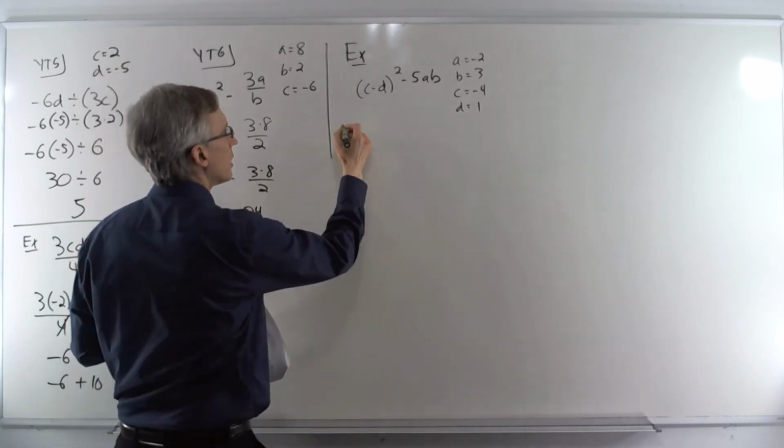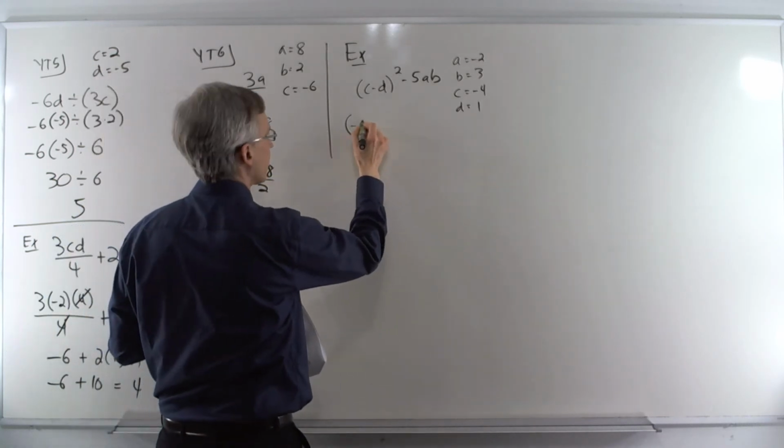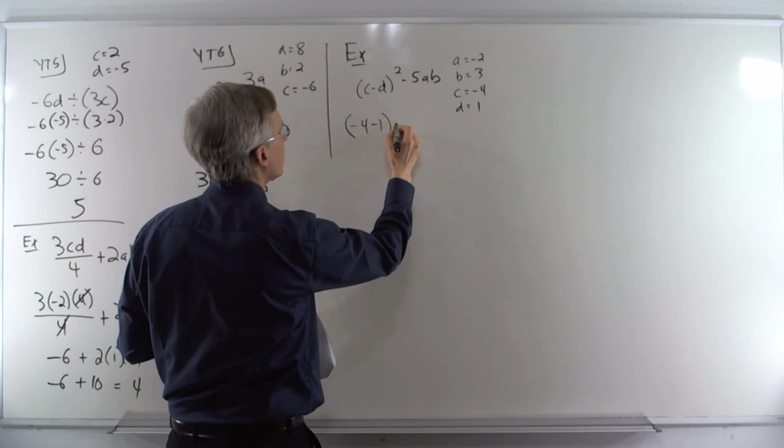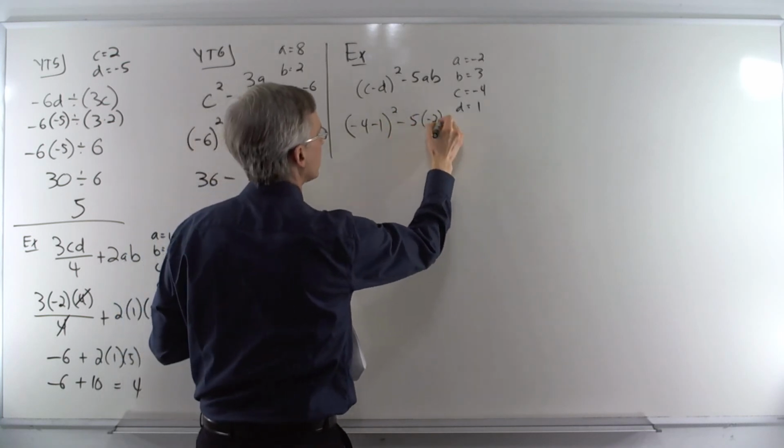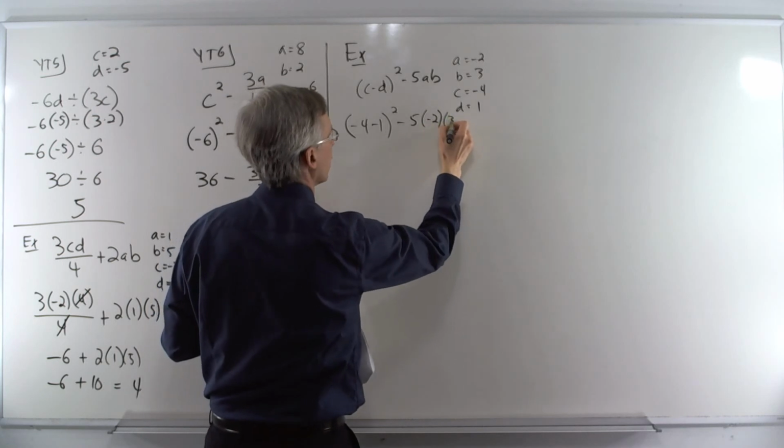Plug it in. Inside the parentheses, we've got c, which is negative 4, minus 1 for d. Square that. Minus 5 times a, which is negative 2, and b, which is 3.